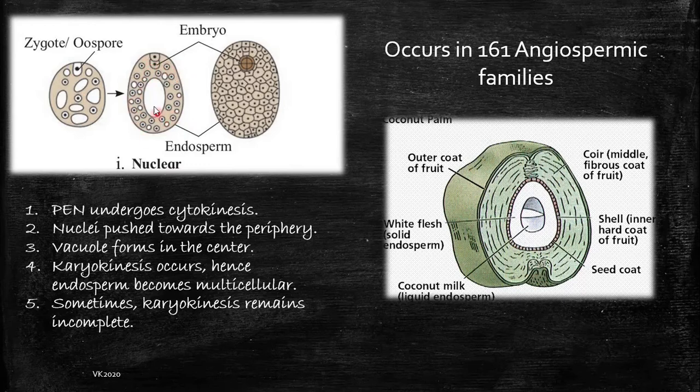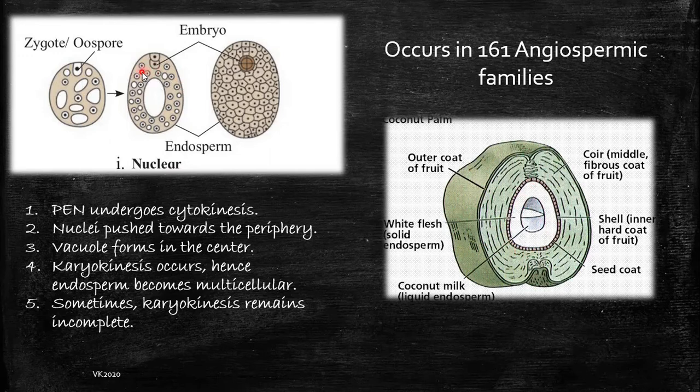Sometimes this cell wall formation remains incomplete, so only in some peripheral areas will it have cell walls, and in the central region it can have cells without cell walls, so only nuclei floating around. This is a typical case in coconut. So in coconut we have white flesh which is solid endosperm.